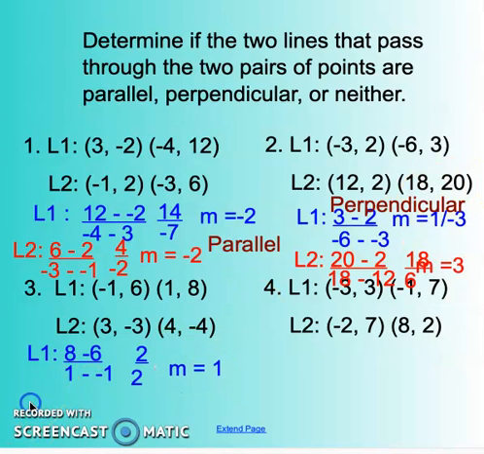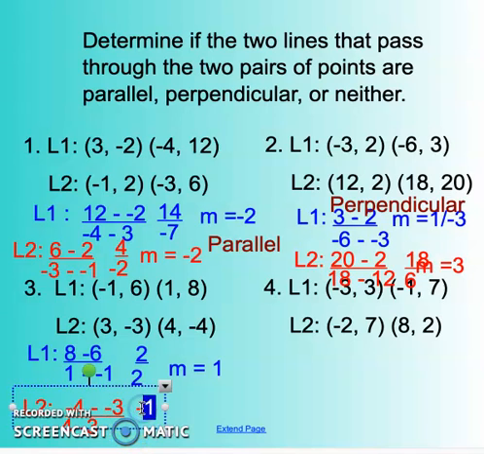Okay, let's look at L2. What's going to happen here? We have negative 4 minus a negative 3, and that would be negative 1. And if we put in our x's, we have 4 minus 3, and that would be a positive 1.